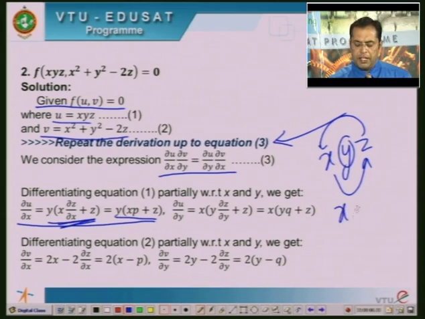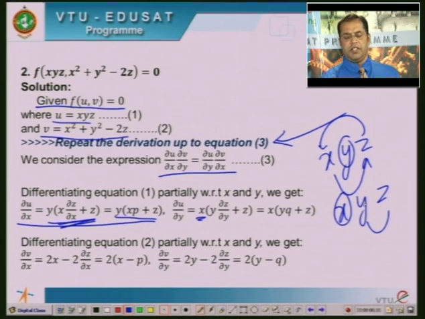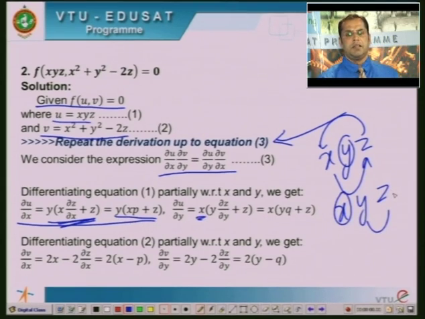When you apply the notation, it is y times (xp plus z). When you differentiate partially with respect to y, x is the constant which will stay outside. Apply product rule for y and z. So, it is y into dou z by dou y plus z into 1, which on using notations becomes x times (yq plus z).